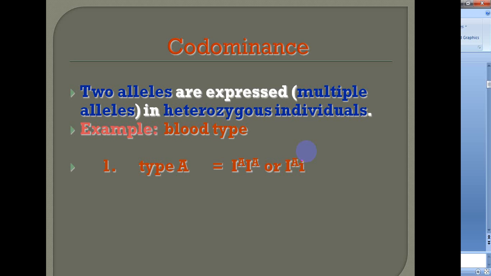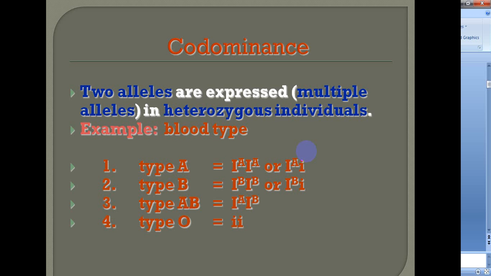In blood group A you will have I^A, in B you will find the B allele, in type AB both the alleles A and B are present, and in the O group none of the alleles are present.